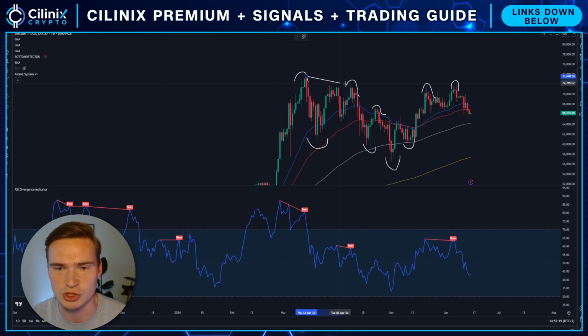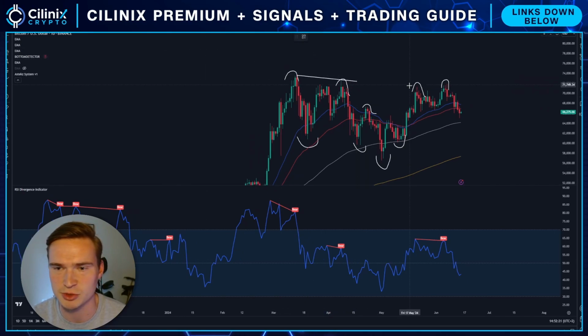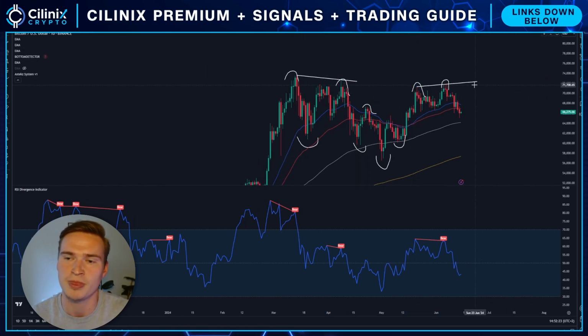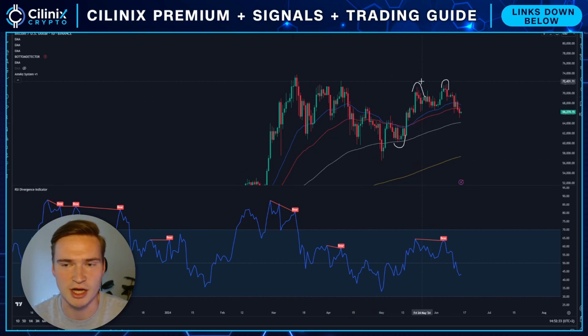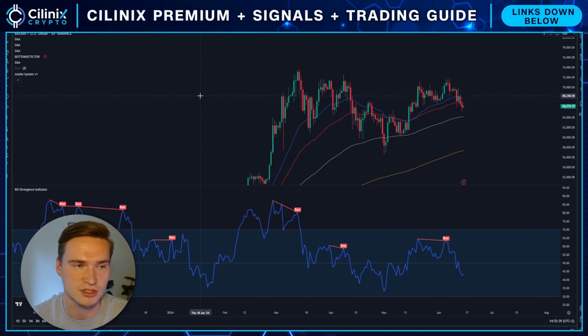And then you can draw lines between those tops, between those bottoms, to find out where the price is going. And then you can do the same thing with the RSI. And what you're looking for is a moment where the price is going up and the RSI is going down, or the price is going down and the RSI is going up. Those are the two main divergences, all right?